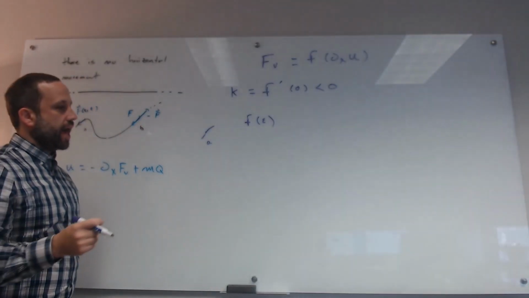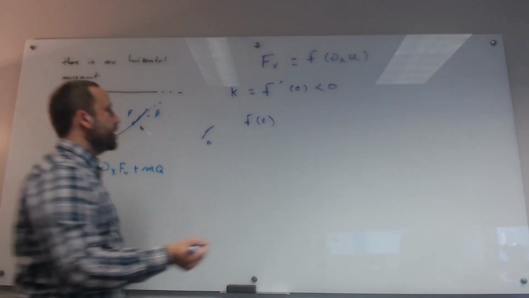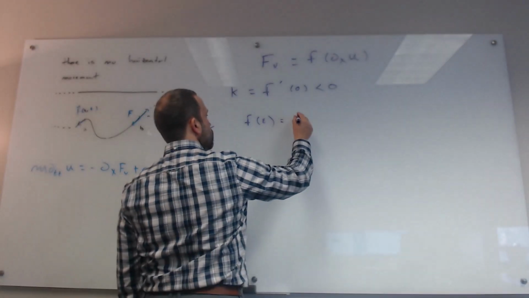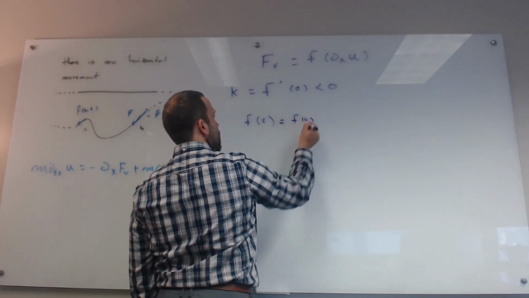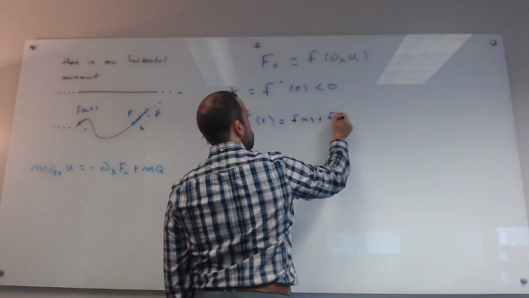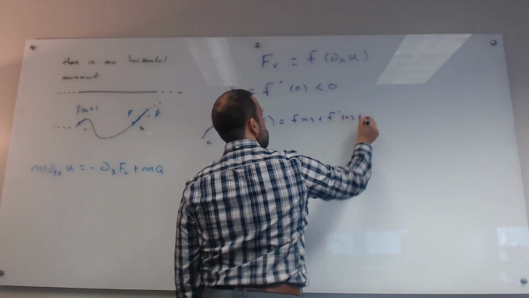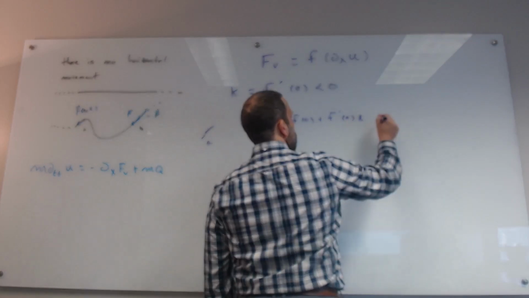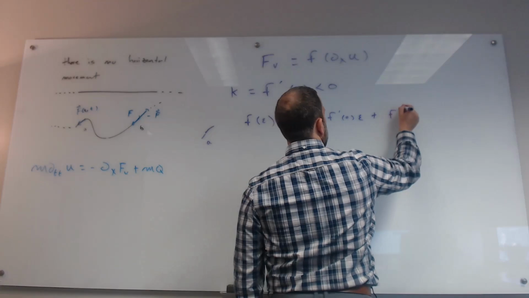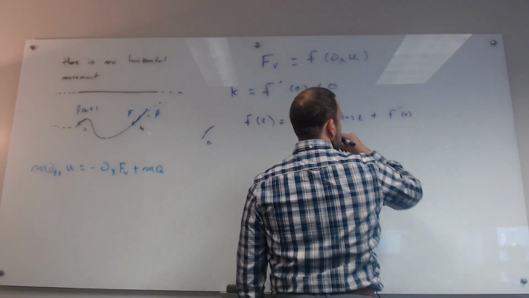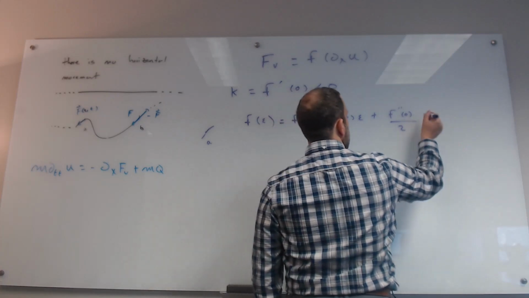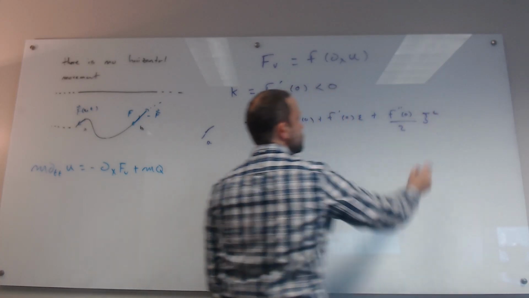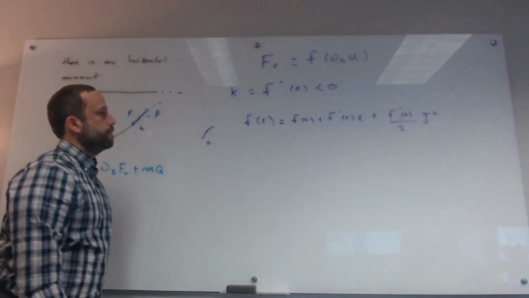So f of epsilon, I'm going to look at in a Taylor series way. This is equal to f of 0 plus f prime of 0 times epsilon, plus f double prime of 0 over 2 times some c squared, where c is between 0 and epsilon.